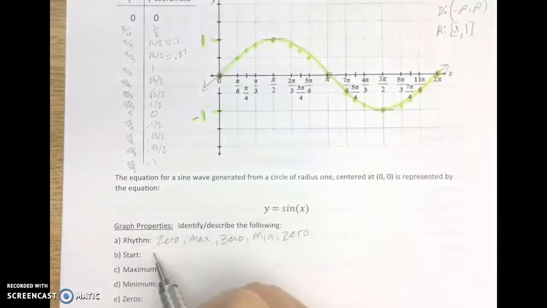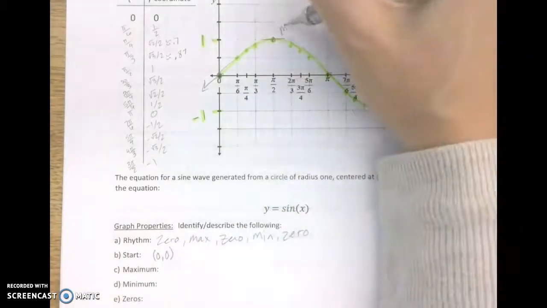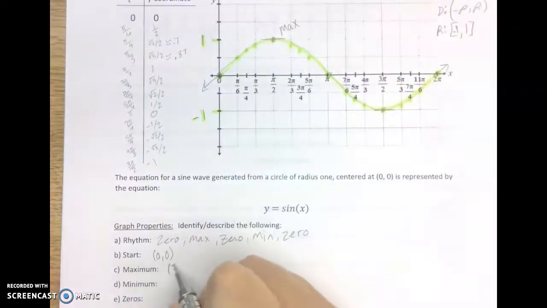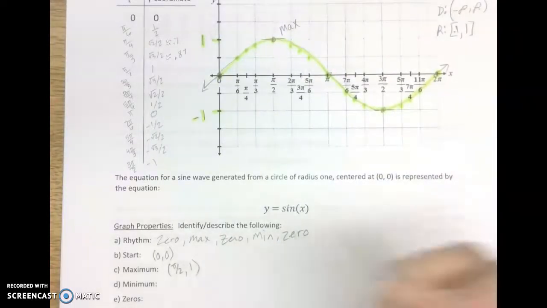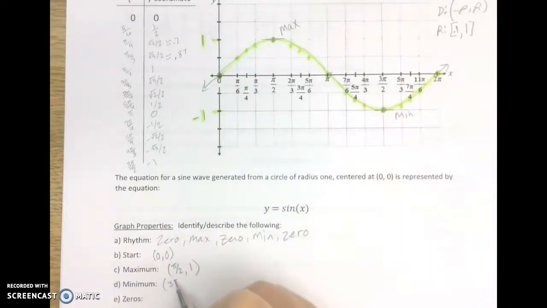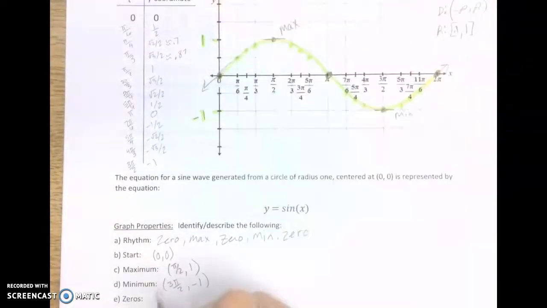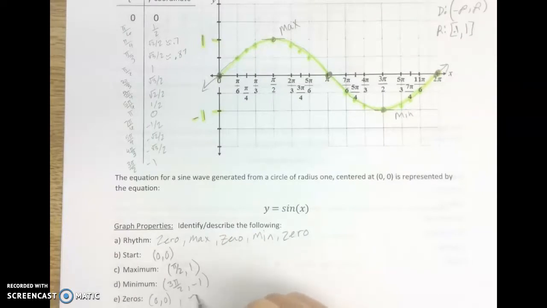One complete cycle. So we started at 0, 0. Our maximum is right here, at pi over 2 and 1. Our minimum is right here, at 3 pi over 2 and -1. My zeros are where it crosses the x-axis, at 0, 0, at pi and 0, and at 2 pi and 0.